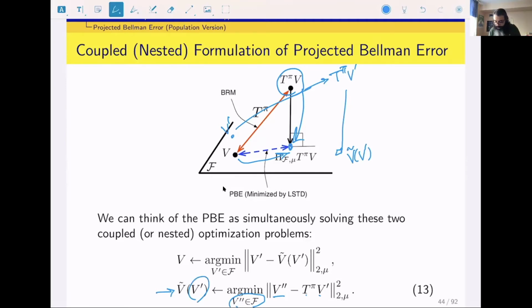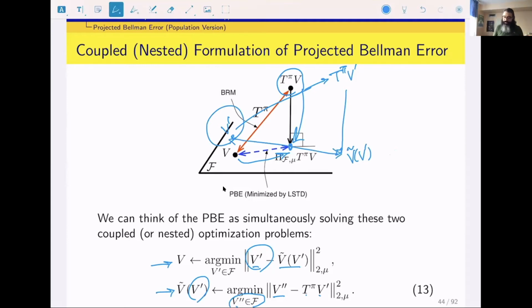Now this first optimization problem is trying to find a v prime such that v tilde of v prime, the solution of the other optimization problem, is close to v prime itself. This was my v prime here first. So we are trying to find a v prime such that the distance between these two would be as small as possible.